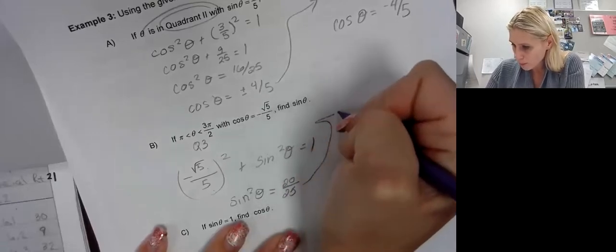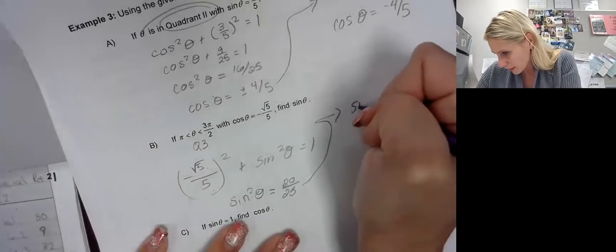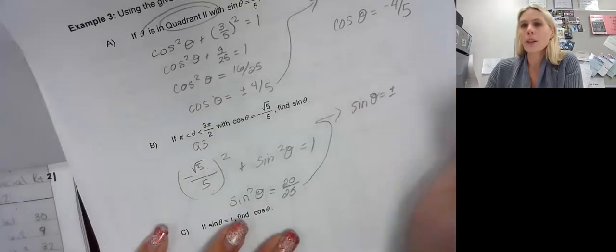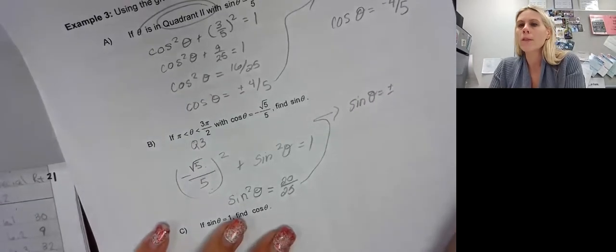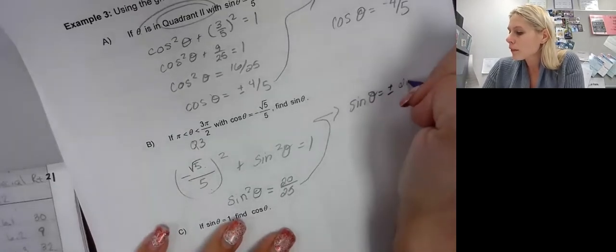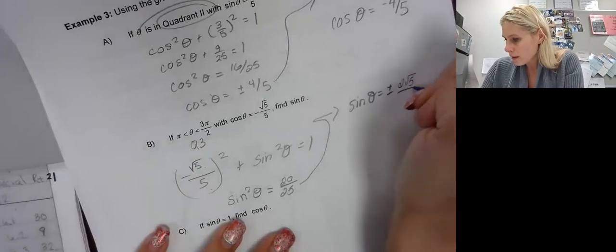Square root both sides. Now, when we square root both sides, guys, plus or minus. But I also want you to keep in mind, we're not going to keep the square root of 20 there. You're going to simplify it down. The square root of 20 simplifies to 2 square root of 5. And then the square root of 25 is 5.